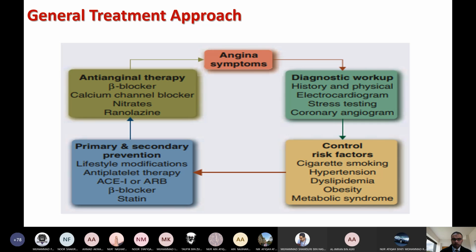I think we discussed yesterday the general treatment approach, where we focus on controlling some of the risk factors and giving some interventions to prevent future cardiovascular events, and some medication given for symptomatic treatment, which is anti-ischemic or anti-angina treatment.